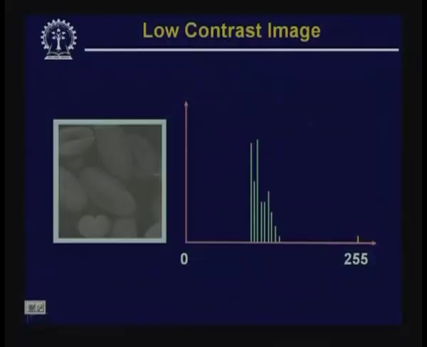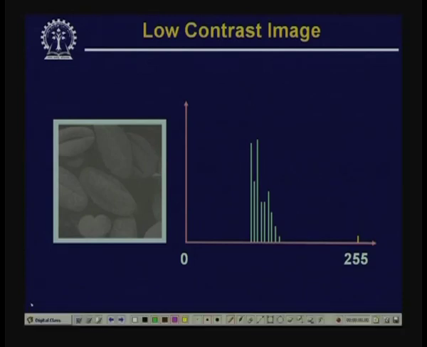So this is something in between, and the histogram of this image shows that most of the pixels have intensity values in the middle range, and the spread of the intensity values is very low. The spread is very, very small. So this image appears to be a medium kind of image. It is neither very dark nor very bright.